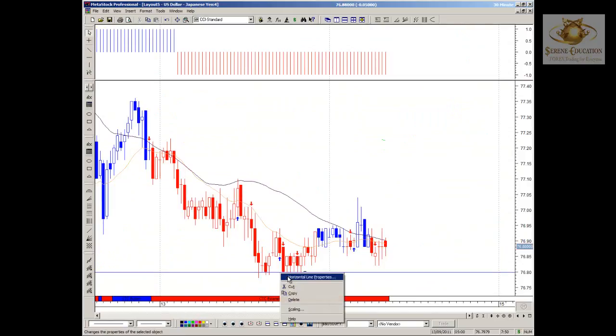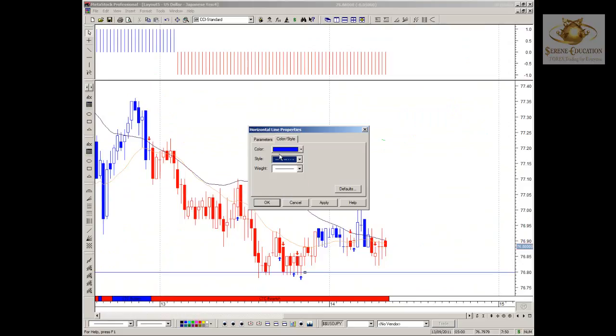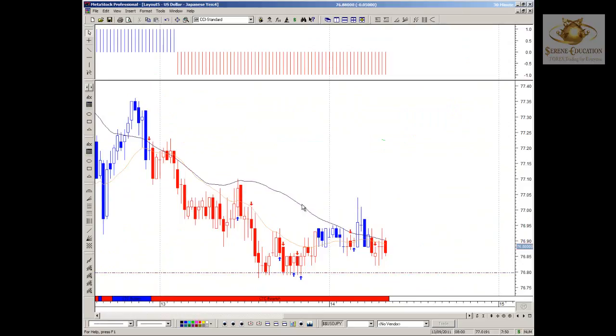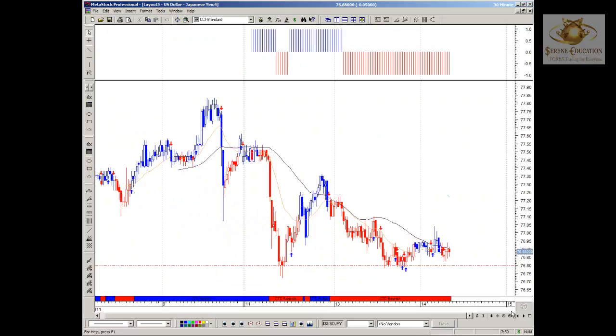So 76.80, we want to see a definite break below that on our smaller time frames, i.e. our 15-30 minute chart in particular. And then we look at stop placements above the 76.95 price swing area, and then we look at 76.50 as our ultimate goal for this pair intraday.